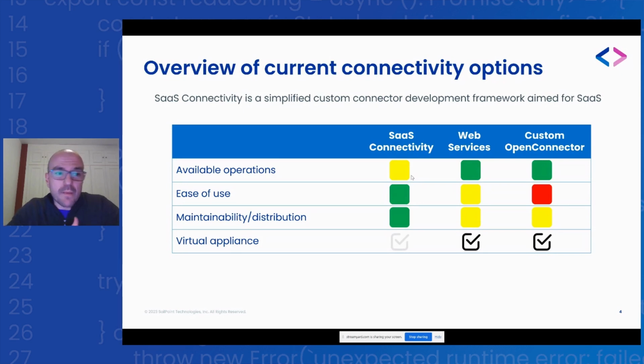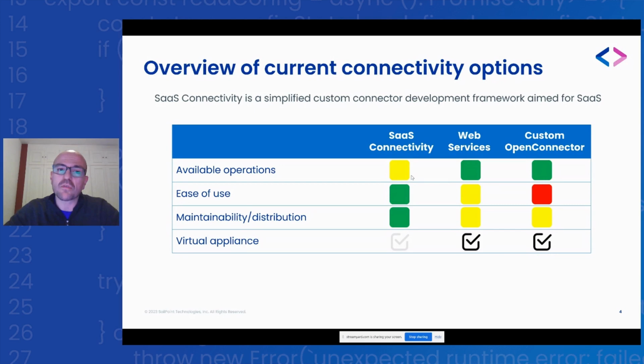Next, from a maintainability and distribution perspective, I think SaaS connectivity is the best as well, because from a maintainability perspective, you can use Git, a versioning system, to keep track of it. And you can do the same with a custom open connector, not so much with web services.